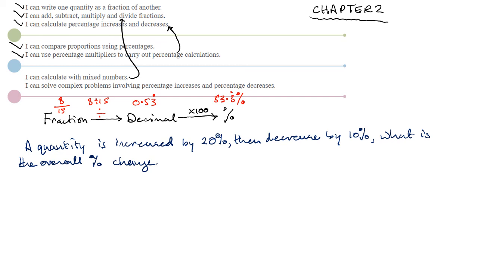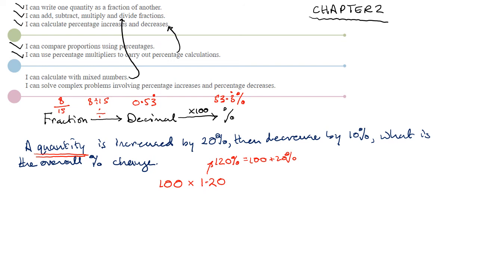Now it just says a quantity, it doesn't give us a value. So I would always suggest on questions like this, just like we do with multipliers, start with 100, like 100%. And we're going to increase this by 20%. That means multiplying it by 1.20, because that is 100% plus 20%, which is a 20% increase.